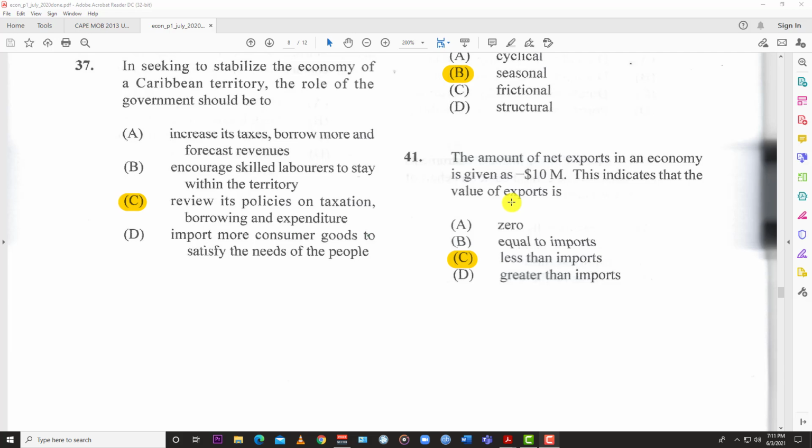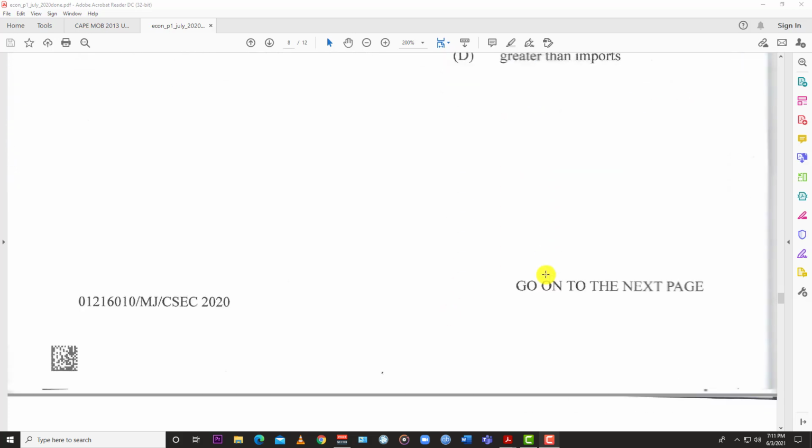Doesn't matter the size or whatever, we put them where they're supposed to go. And so if you get a negative, that clearly means that you would have taken away a larger number from a smaller number, which means that exports would have been the smaller number and imports would have been the larger number, and so you end up with a negative number. So it's less than imports.